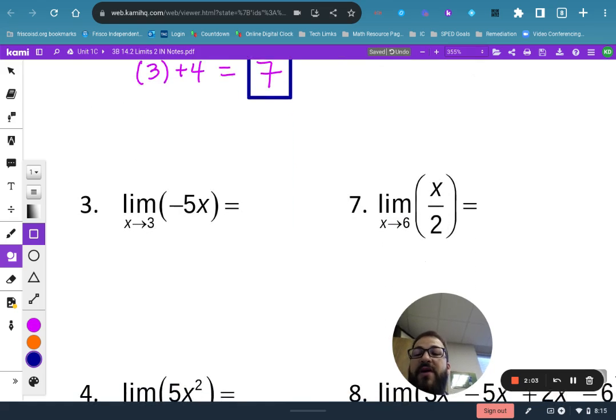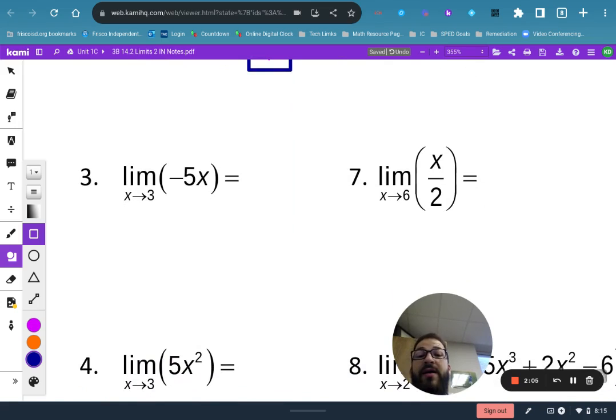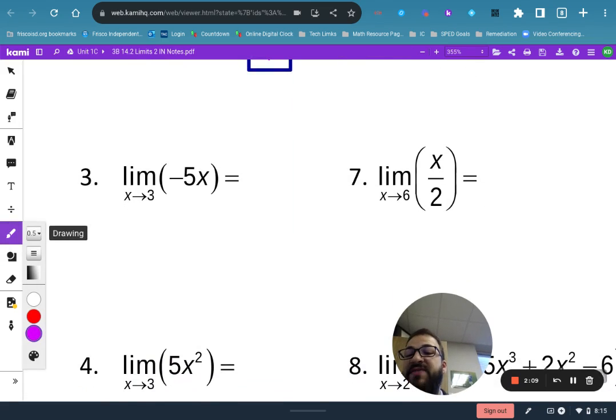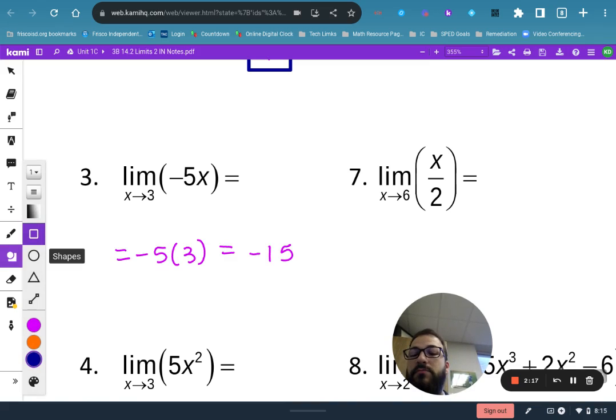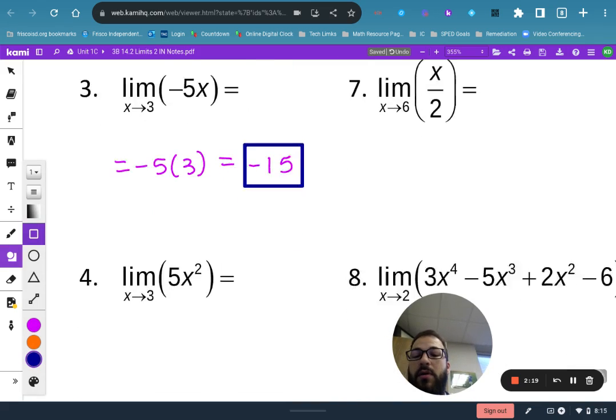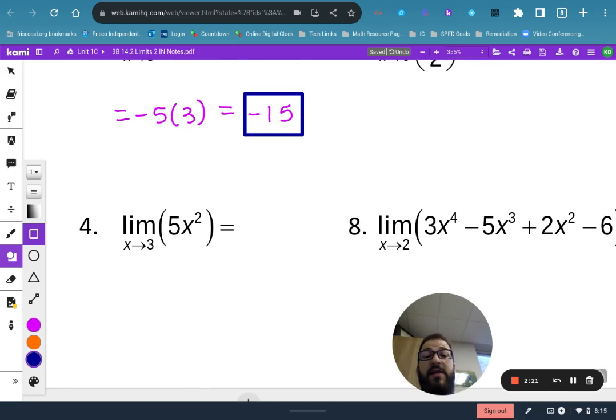Number 3, we have the limit as x approaches 3 of negative 5x. So once again, I plug in that x value, so negative 5 parentheses 3 would be equal to negative 15. And then number 4, I have the limit as x approaches 3 of 5x squared.